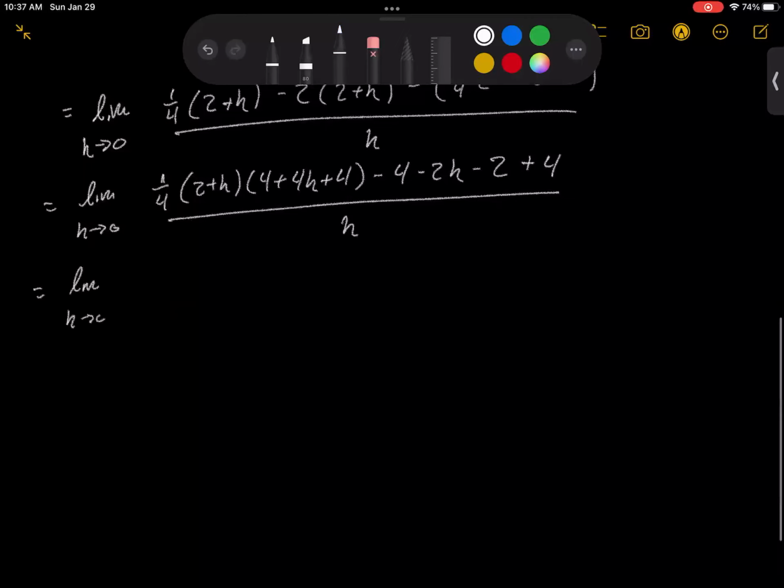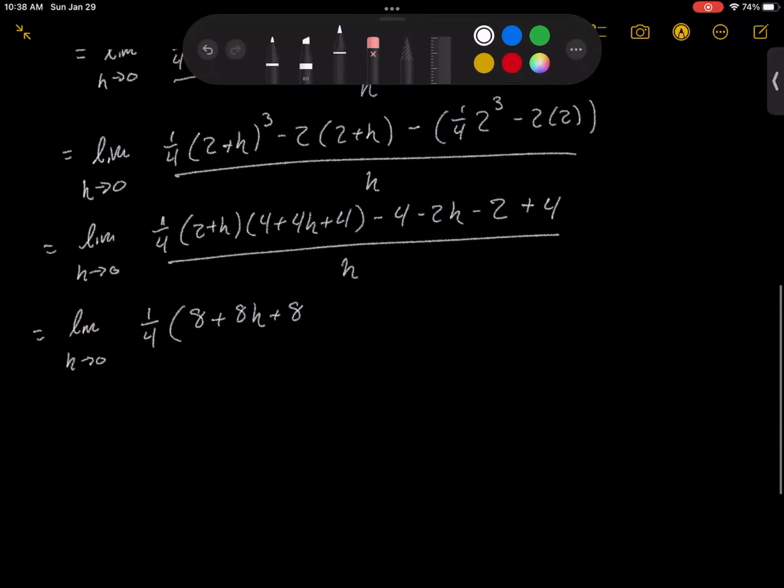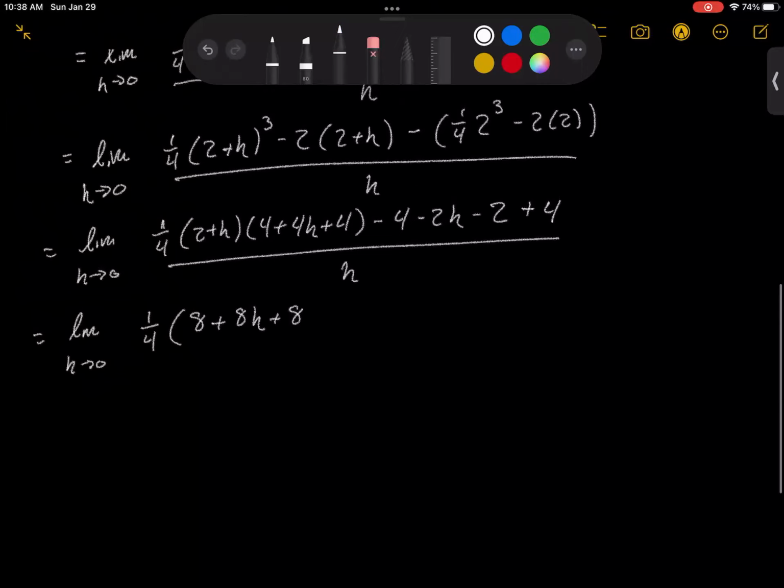Limit as h goes to 0. We have that 1/4 being multiplied by 2 plus h cubed. Let's figure out what 2 plus h cubed is. That's going to be 8 plus 8h plus 8. Oh, wait, that can't be right. Oops. Yep, I see a mistake. That 4 is supposed to be an h squared.